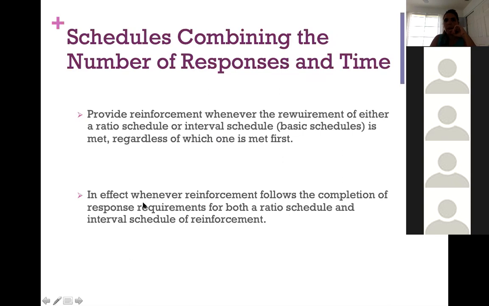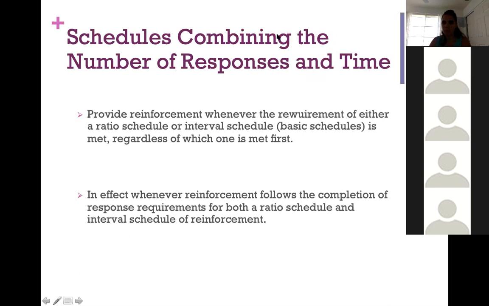Okay. Now we have schedules combining the number of responses and time. That means interval and ratio, right? Which ones are these? Which one combines ratios and time?